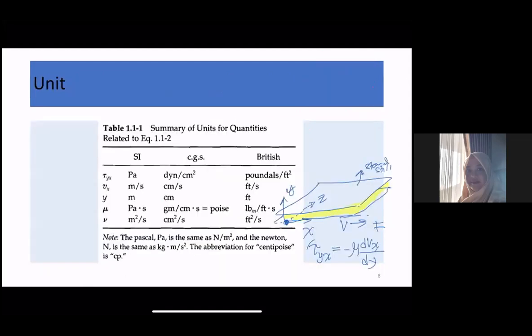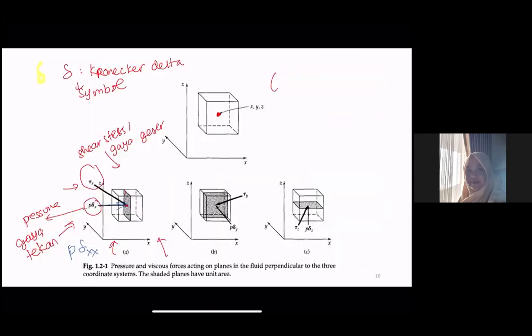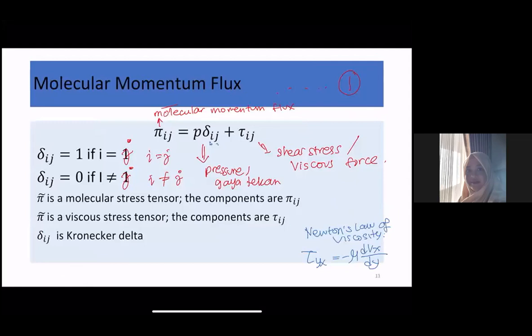Or maybe I can write it one by one around here. For example, tau yx is the shear stress to the direction of y, caused by the difference of velocity x.